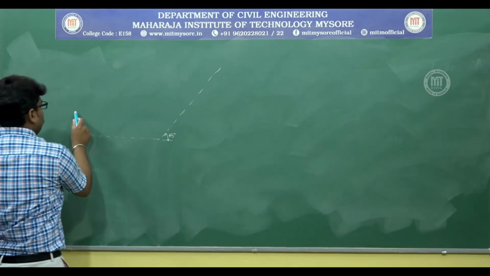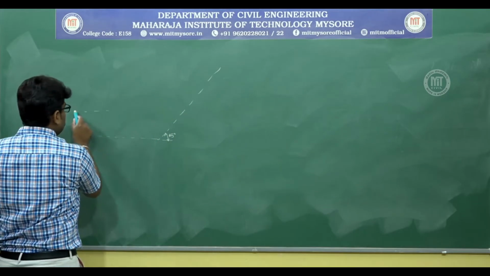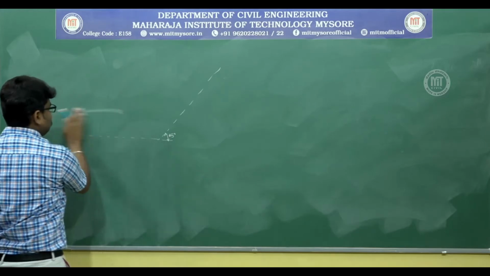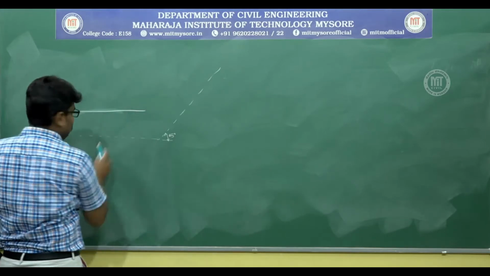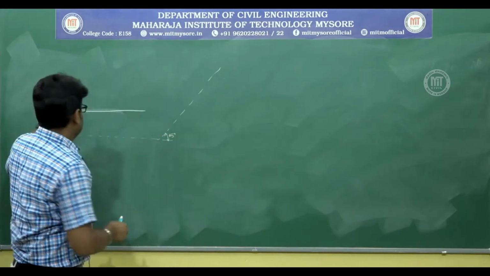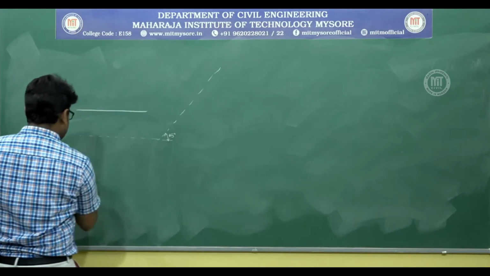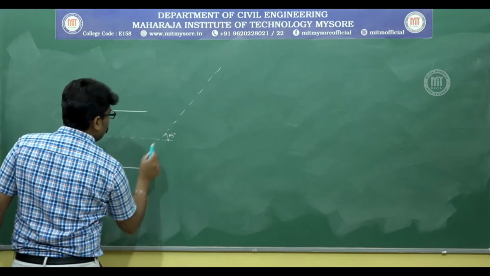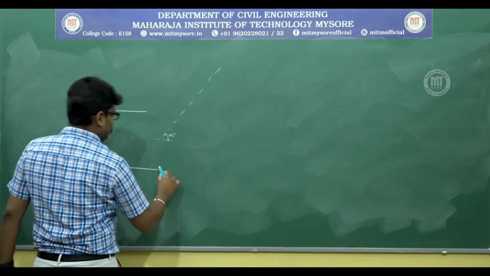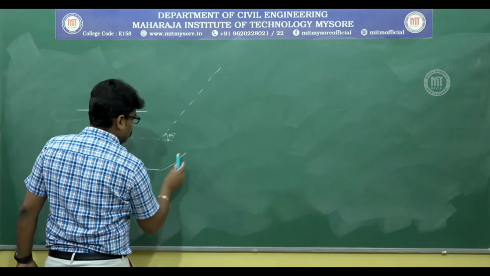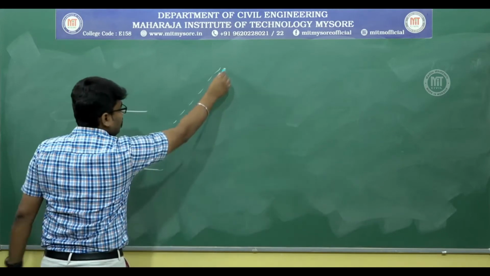So now a pipe which is 600 millimeter in diameter will be reduced to 300 millimeter after this bend.